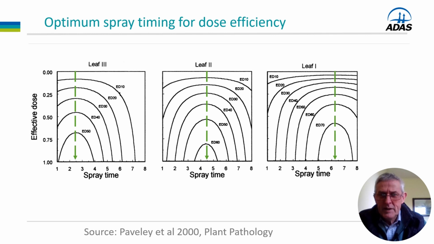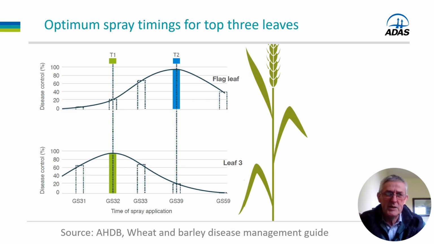So this set of experiments was what led to the diagram that was in the first of the wheat and barley disease management guides published by HGCA, which became AHDB, and led to this diagram about the optimum spray timings for controlling disease on the top 3 leaves.